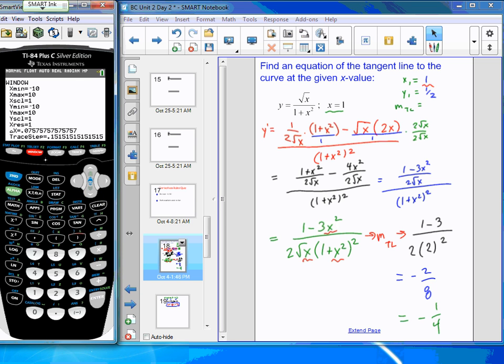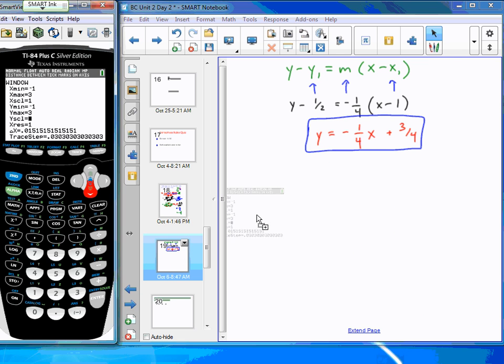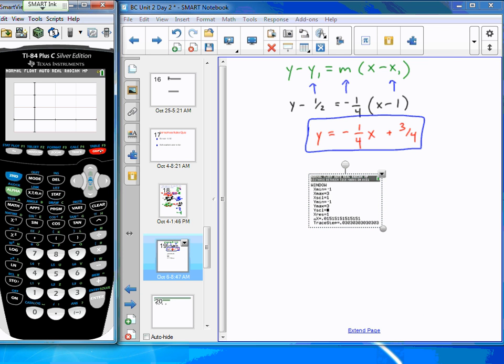If I do a smaller window around 1, I'm going to try negative 1 to 3 and negative 1 to 3. If I don't like it, then we'll change it. So there's our function, and there's our window. Okay, great.